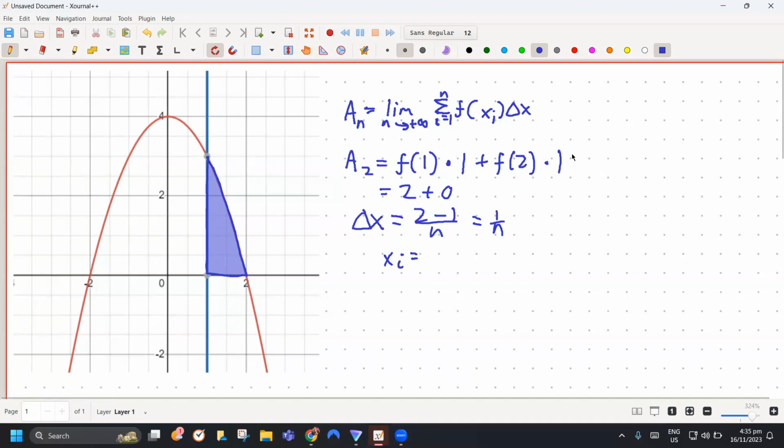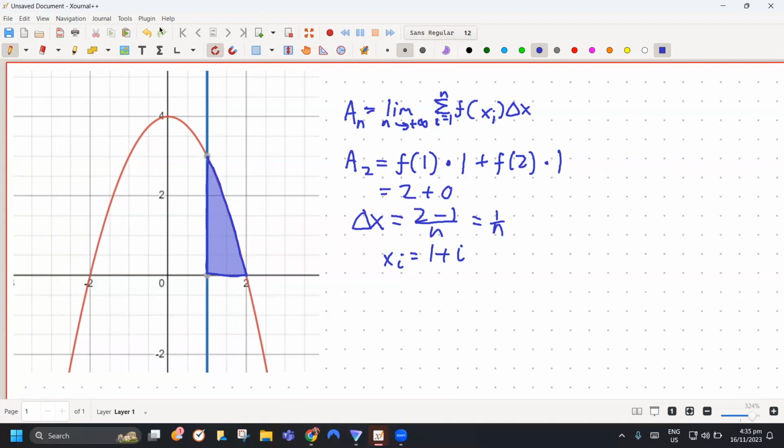Gawin mo na, start at x equals 1. So yung first value is 1 plus... 1 plus I? Hindi pwedeng 1 plus I, kasi when I is equal to 1, 2 na yan.